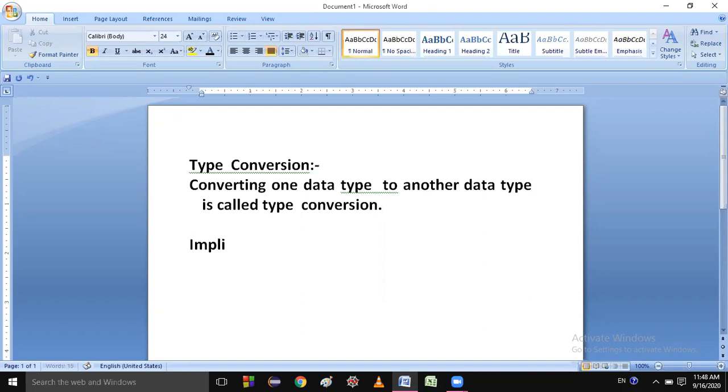So the first one is implicit conversion. What is implicit conversion?